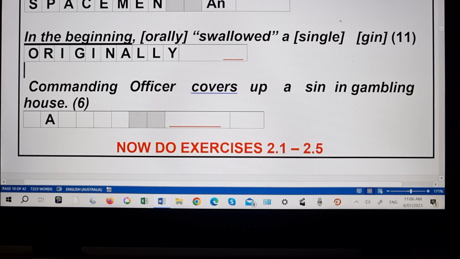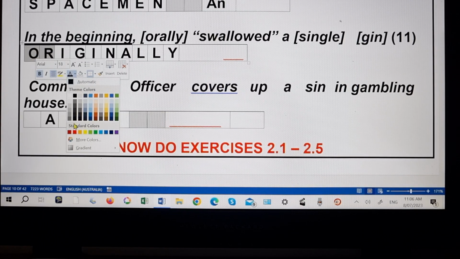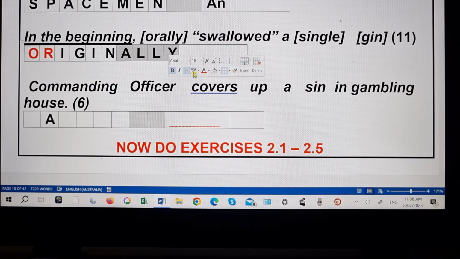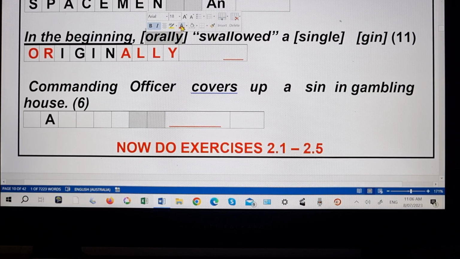Orally, swallowed. So orally has to be on the outside. Let's see, there's the OR. And orally, there's the rest of it there. There's your orally. So the orally is taken care of. It is there. A single gin. It looks like we got a single gin. Gin. Where does that I come from? I know I got the gin right.